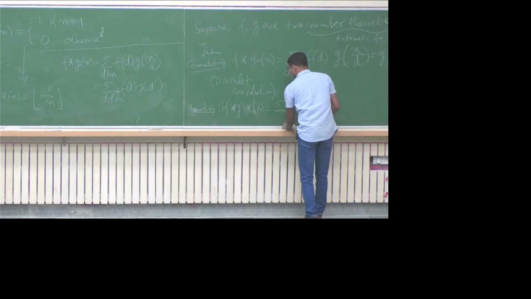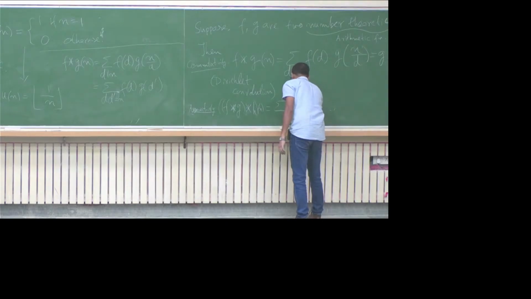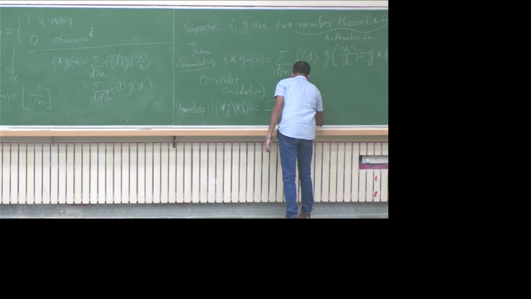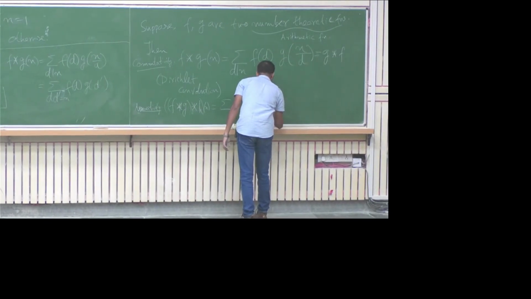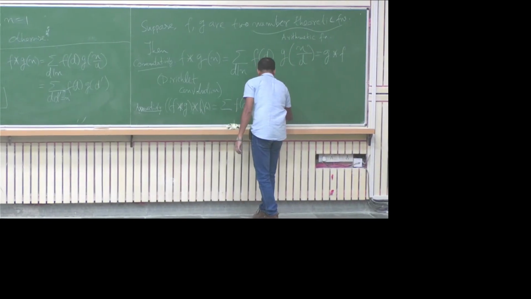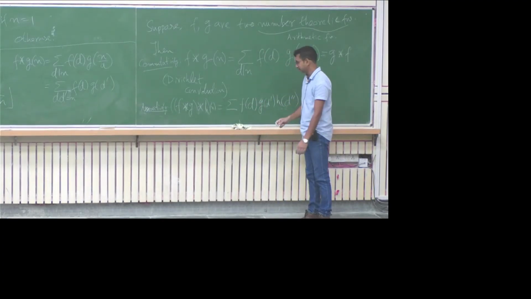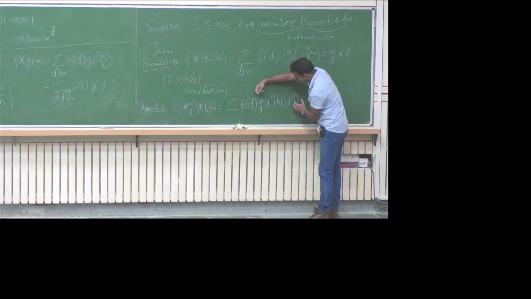So this would be just the sum over f of d, g of d dash and h of d double dash. So at first you plug it in like product of d dash and d dash and then break it.